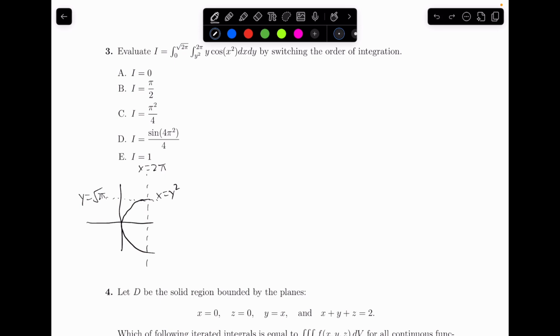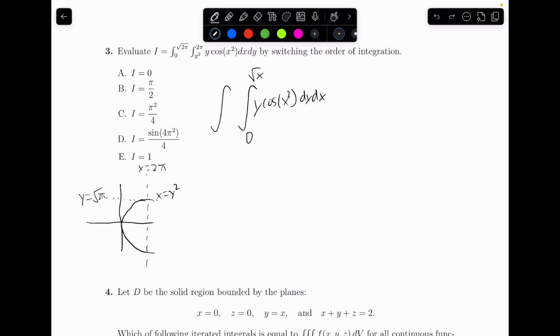But we're going to have to do dy dx instead, because right now it's not exactly evaluatable. So we're just keeping y cosine x squared. Now it's dy dx. So y is going from, let's see, 0 to, we have x equals y squared, so we want y equals something. So y is just going to be square root x, if you square root both sides.